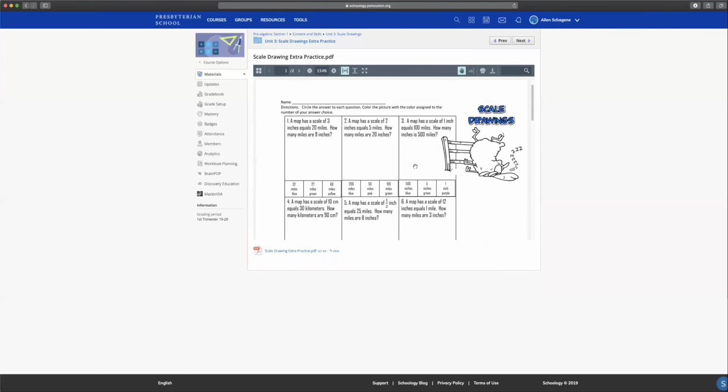Note that my only problem with this is that in the first 6 lessons, we're really trying to help students understand what a scale drawing is, what a scale is, a scaled copy, and then we're going to get to this idea of scale drawing using equivalent ratios, using a proportion. So it's important for you to wait on this until we get to lesson 6 before starting, because you don't want your students to be in panic mode.